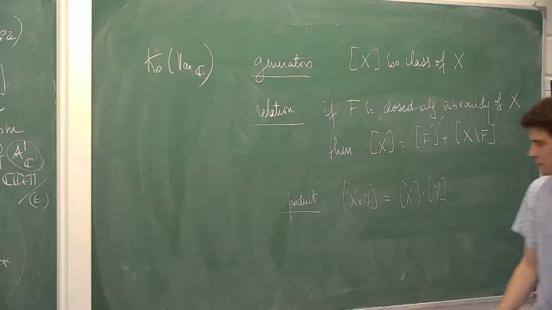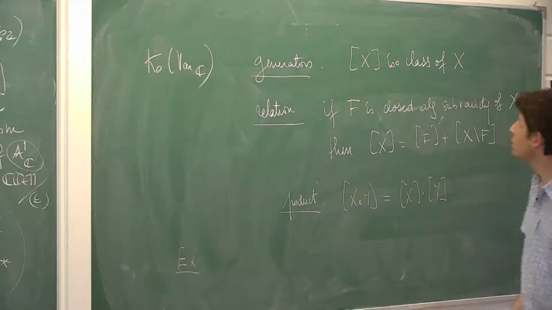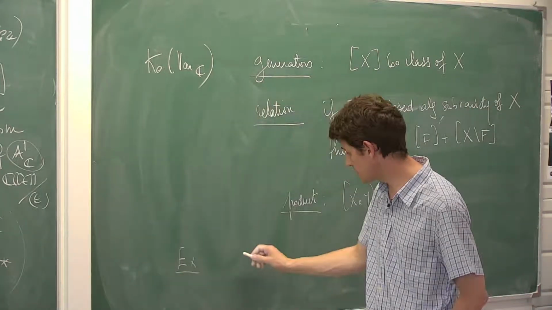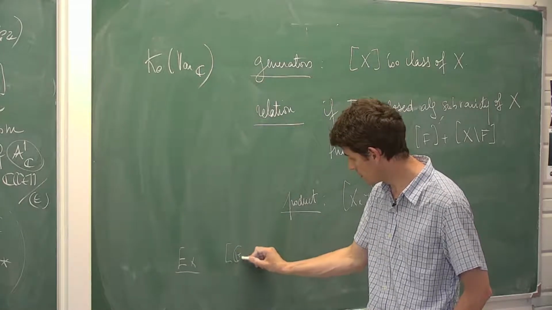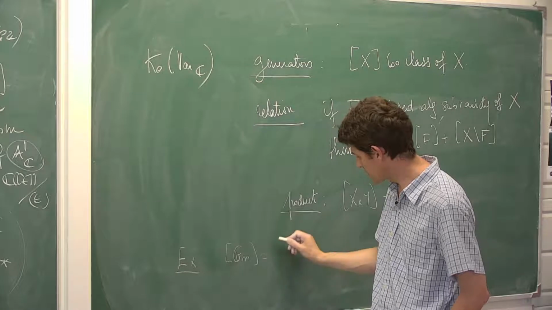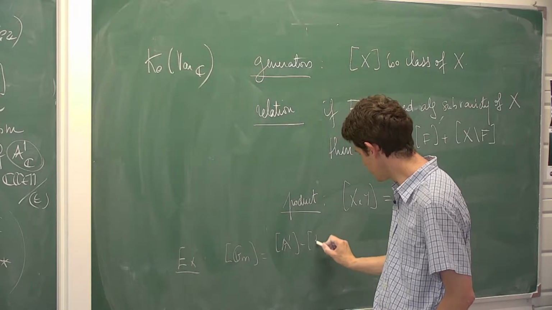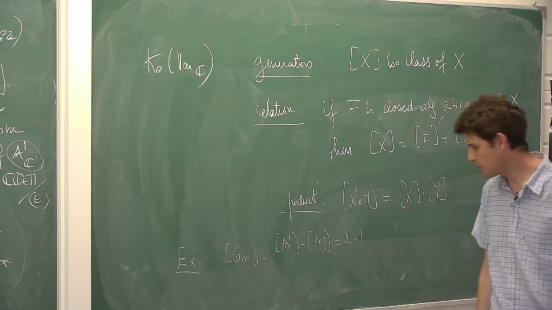So example, just to understand what happens. For instance, if I look at Gm, then you see that the class of Gm is the class of A1 minus a point. So this is L minus 1.